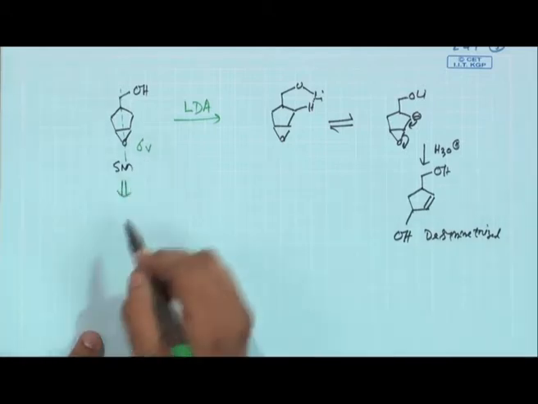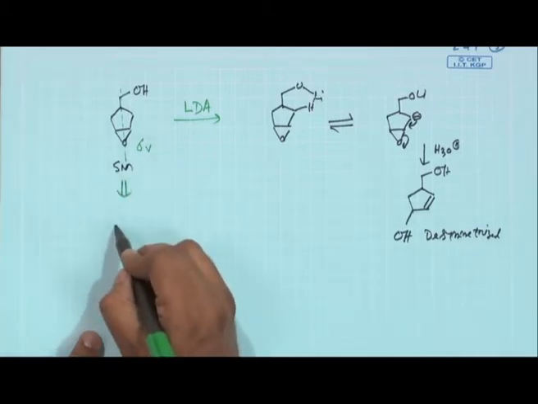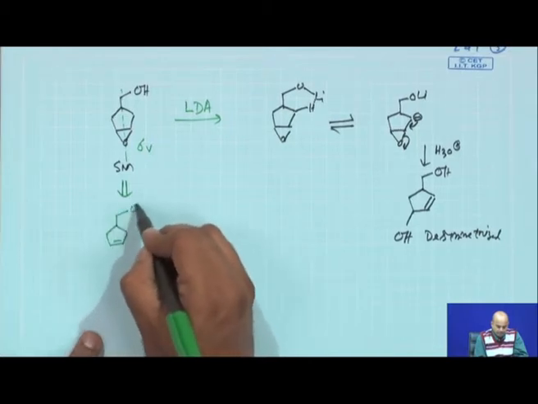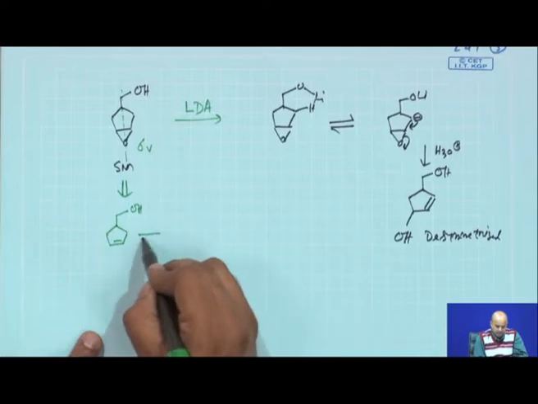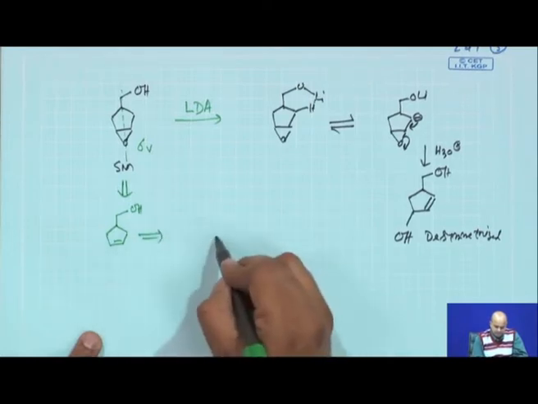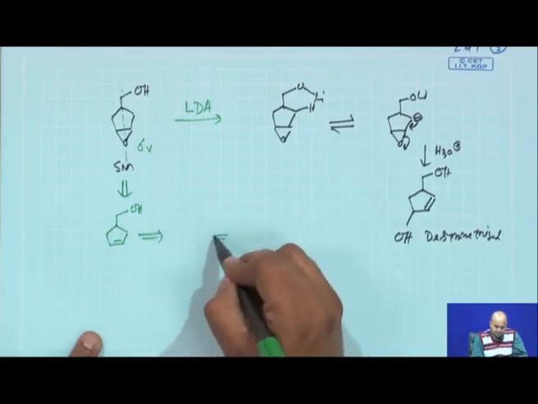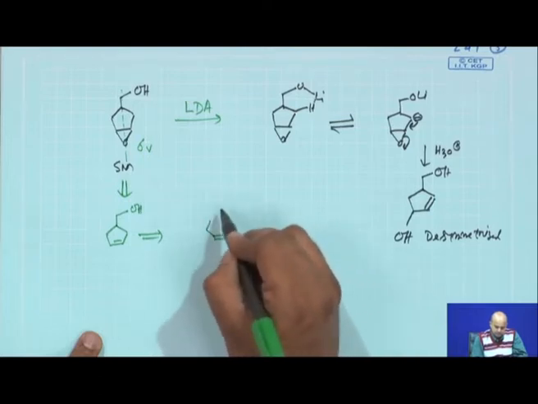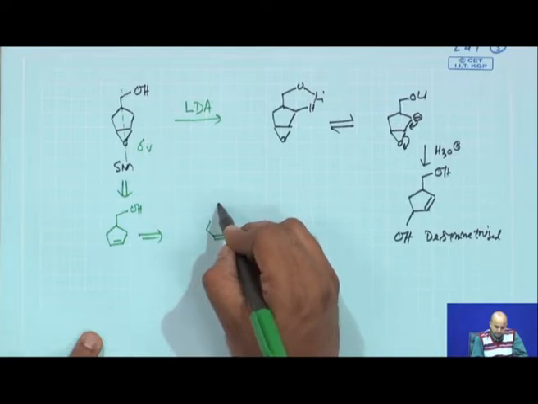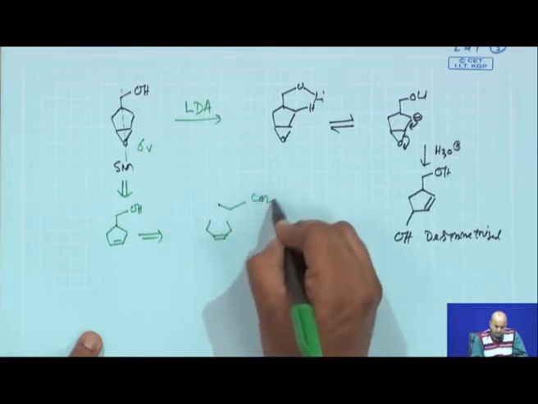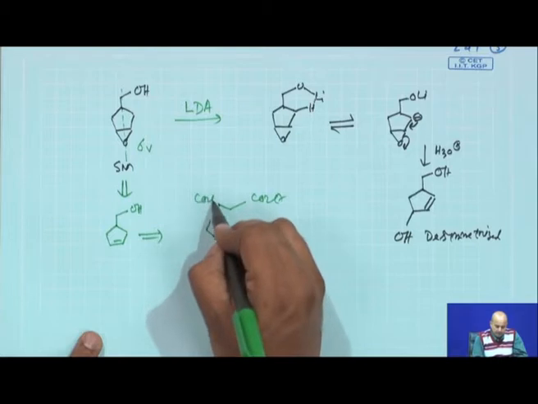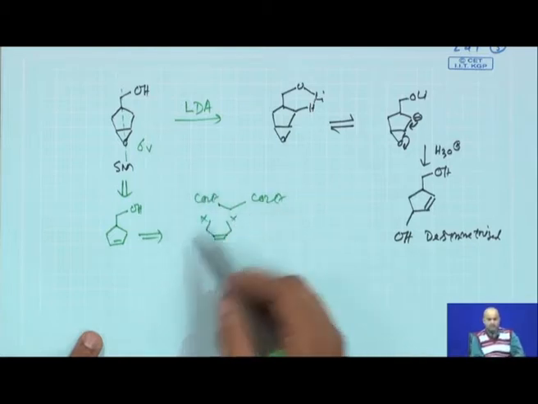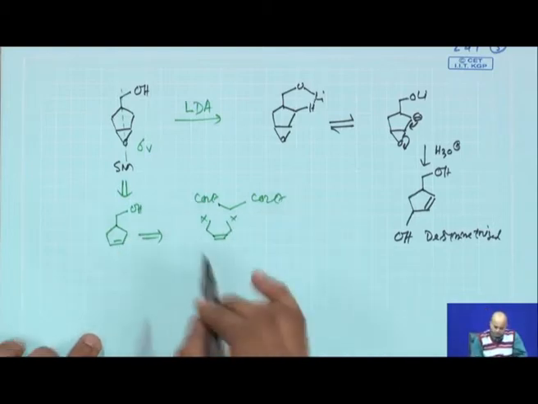The retro for this starting material probably, okay, then, I am saying a typical diethyl malonate can react with this compound followed by decarboxylation and these things.